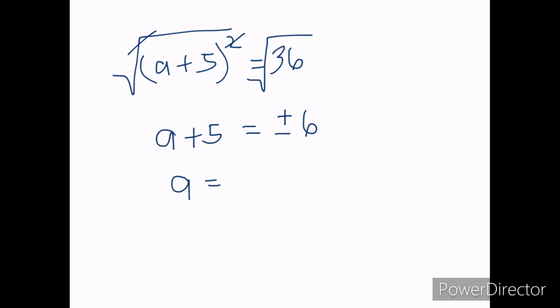Our a is equal to positive 1. Next, negative 6. a is equal to negative 5 minus 6, so a is equal to negative 11. Therefore, the solutions to the square of a plus 5 equals 36 are positive 1 and negative 11.